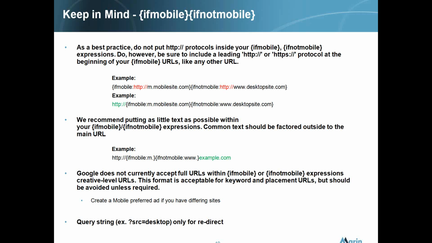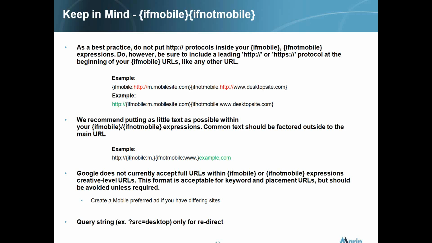If you don't have that HTTP protocol in there, the bulk upload won't work. So just make sure, and again, examples here of what not to do in red, where the HTTP is within the parameters, and what to do to make sure you do is to have that protocol outside of the parameters.